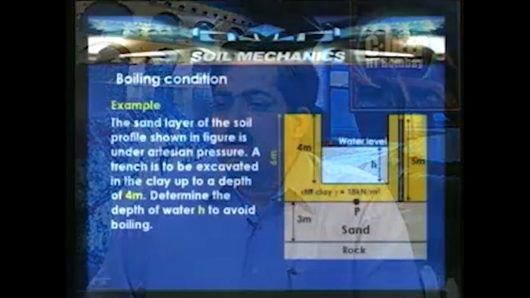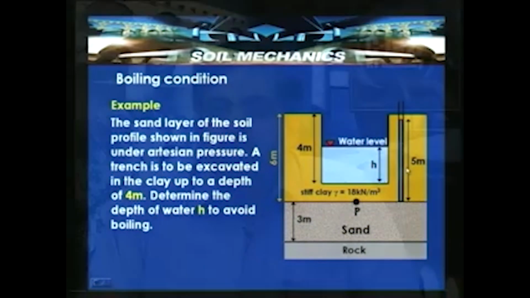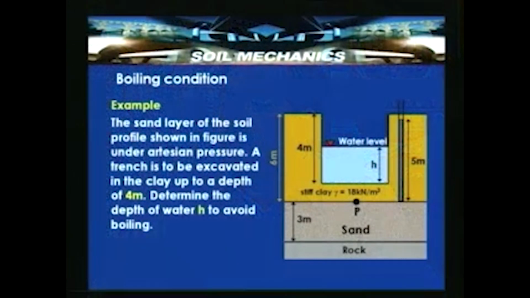So, this problem says that the sand layer of the soil profile shown in the figure is under artesian pressure. That means the artesian pressure that has been determined is around 5 meters. If the investigation has been done carefully, this type of failure can be prevented by adopting suitable remedial measures.